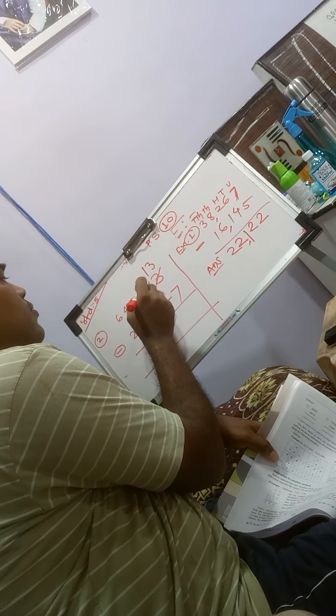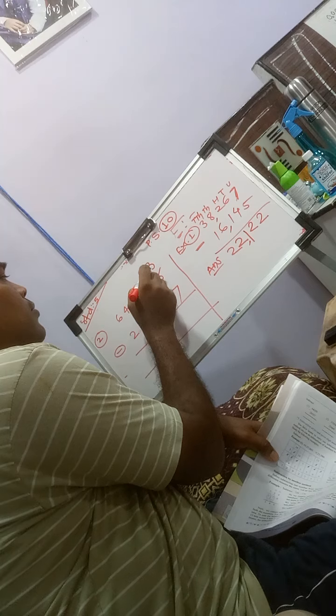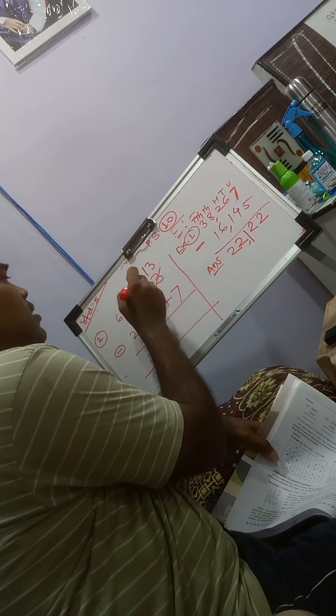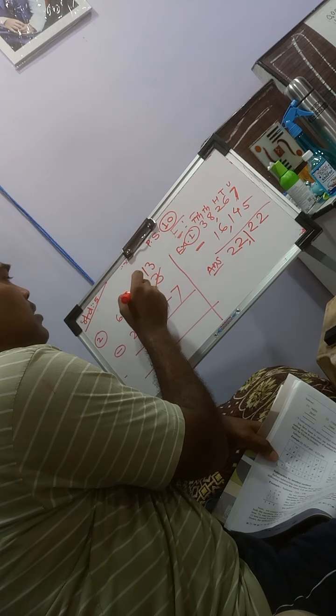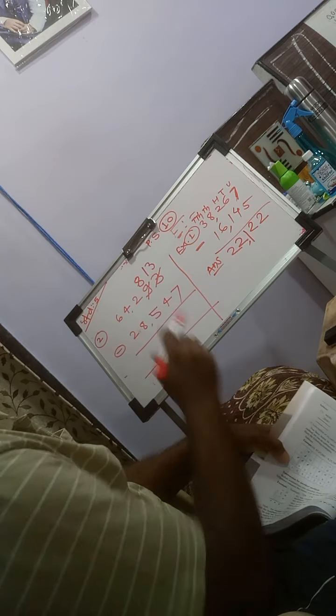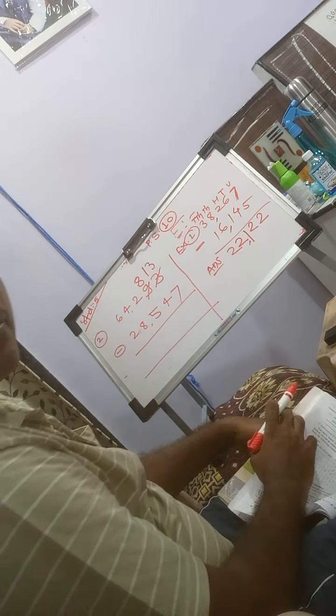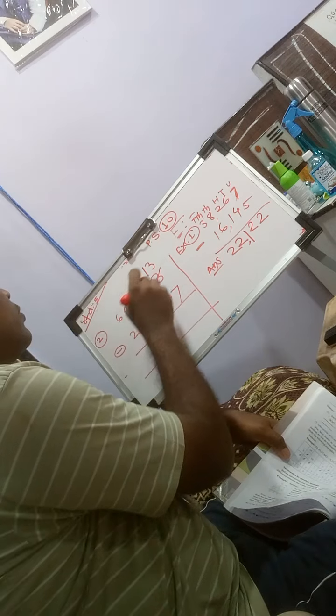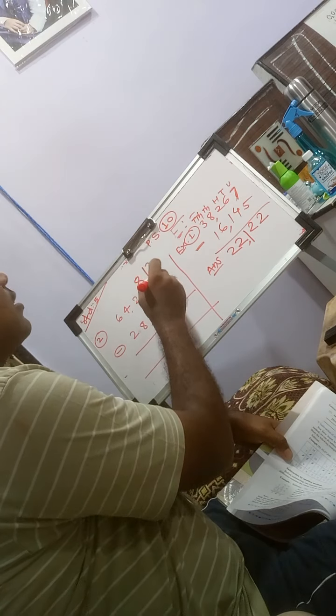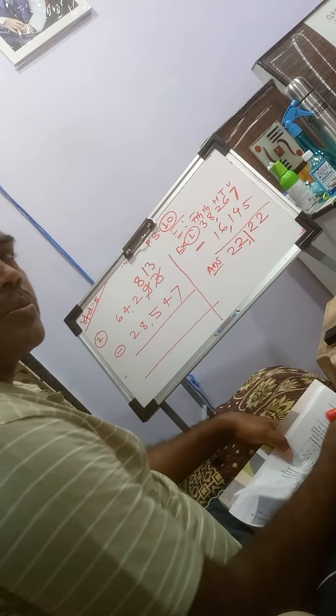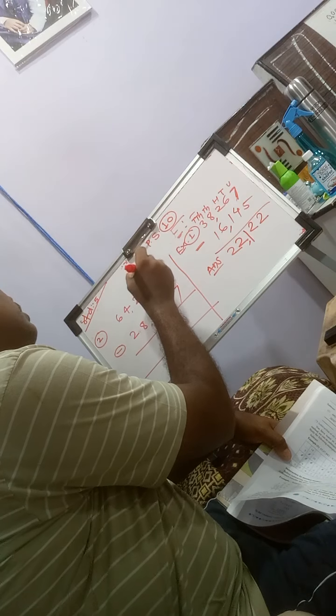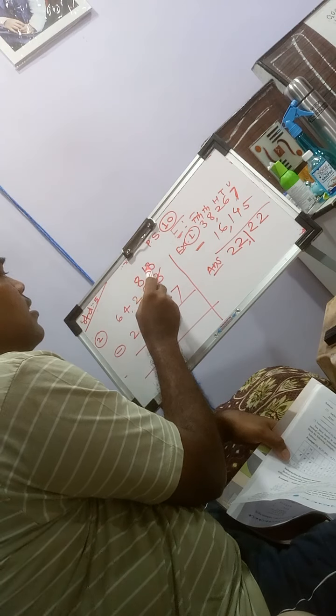Now the 1 you have given to the 3, so it became 13. So 9 minus 1, it will become 8, because you have donated that 1 to the 3, because the 7 cannot be subtracted from 3. So now you will subtract 13 minus 7.